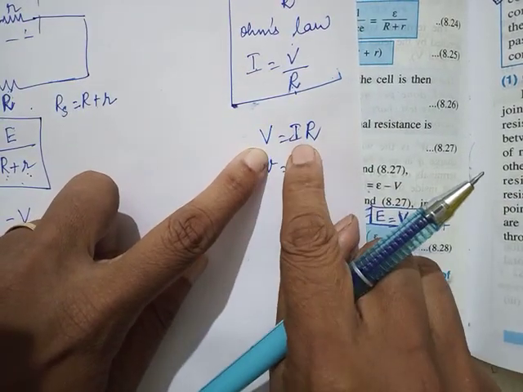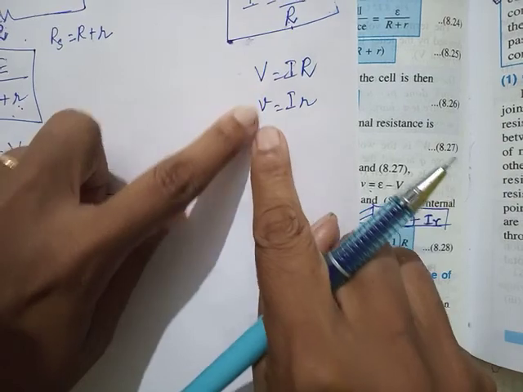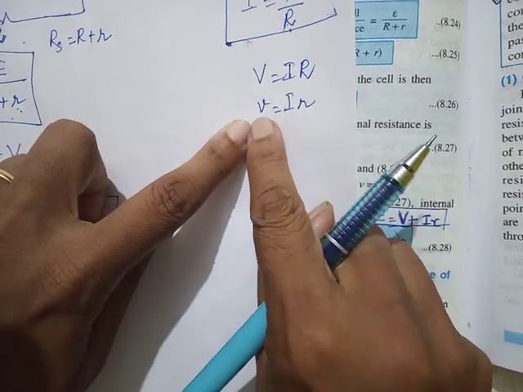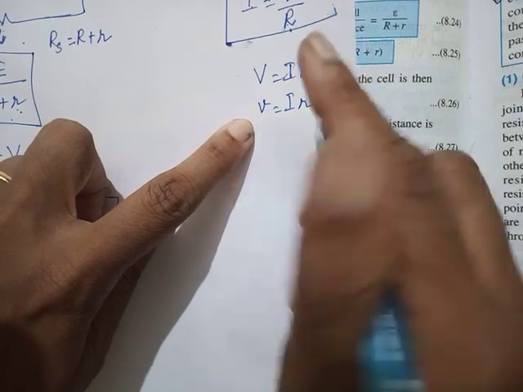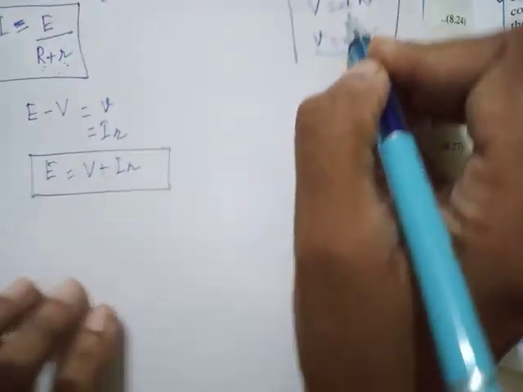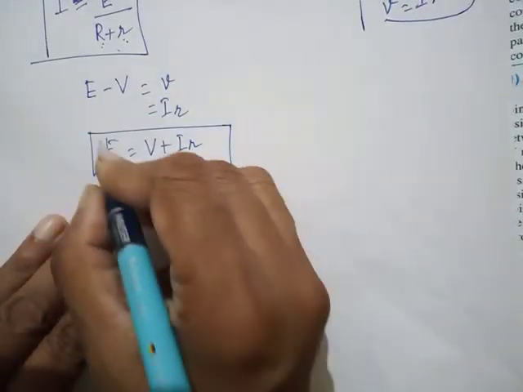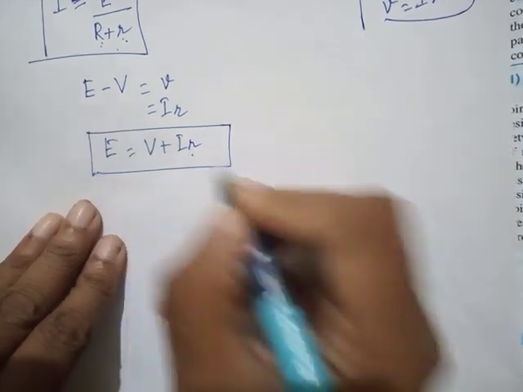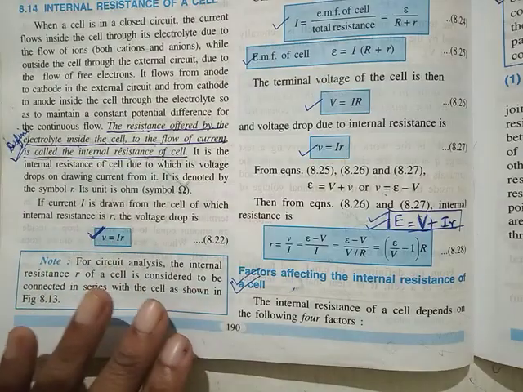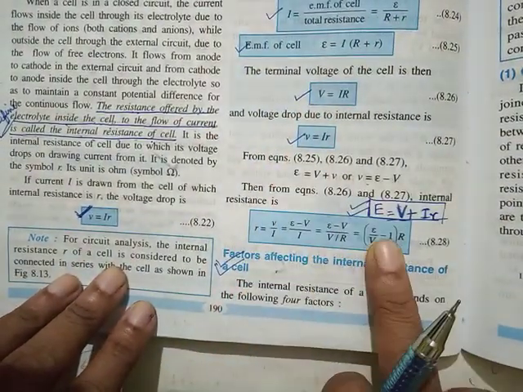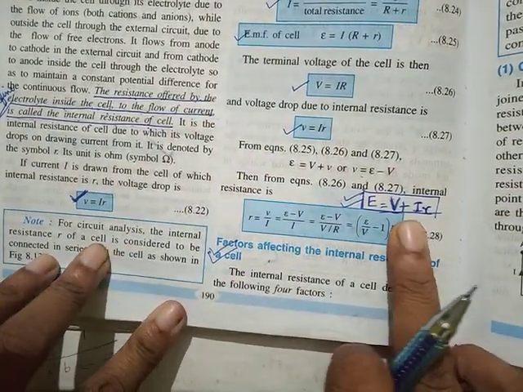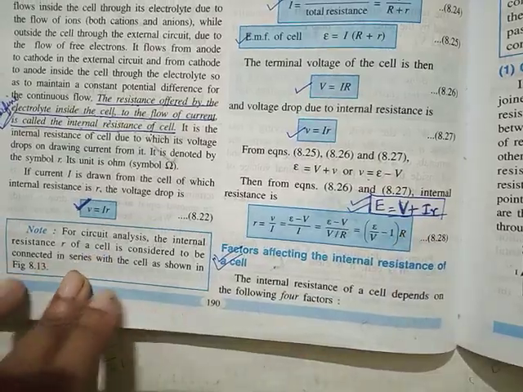Terminal voltage is current into external resistance. Voltage drop is current into internal resistance. These two you should remember. Then E is equal to V plus I into small r. These are the expressions, and finally E is equal to V plus I into R.